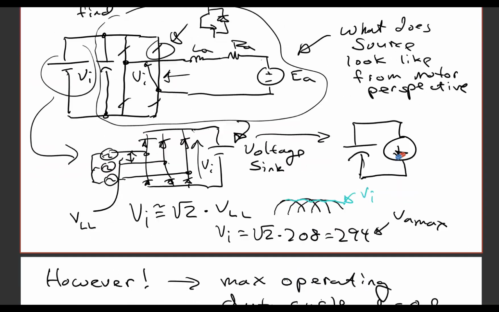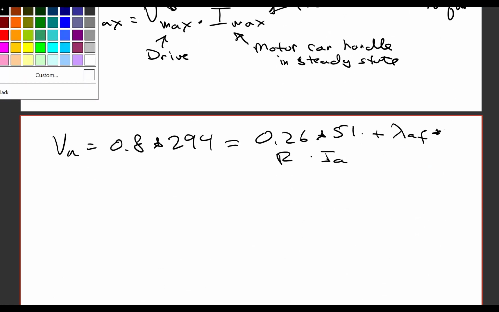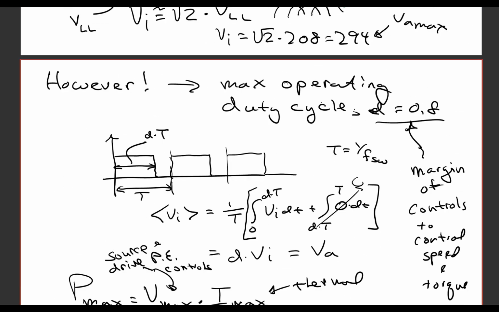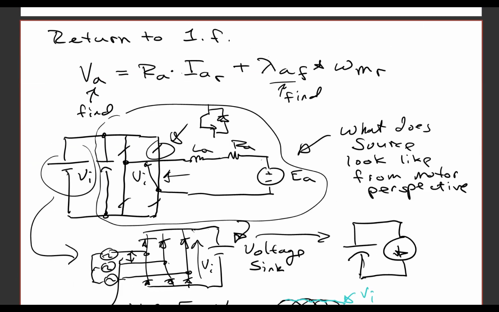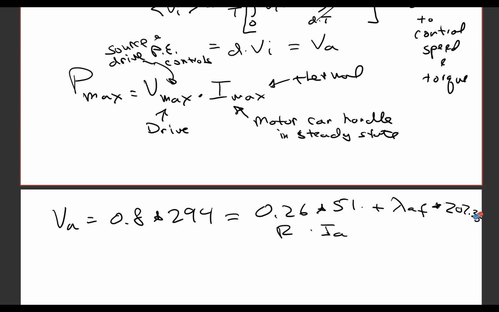That's double rated speed. 207.5, is that right? Or 0.35? I can't remember. Did I say 207.5 or 35? It should be 207.4, really. Let's just round things up a little bit here.